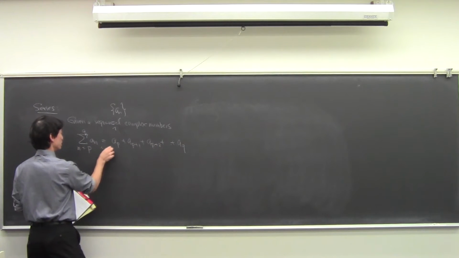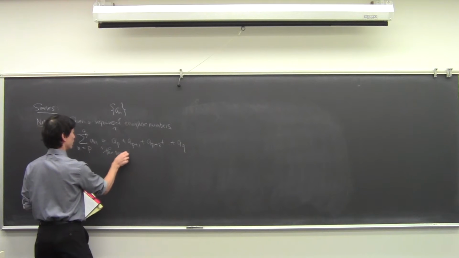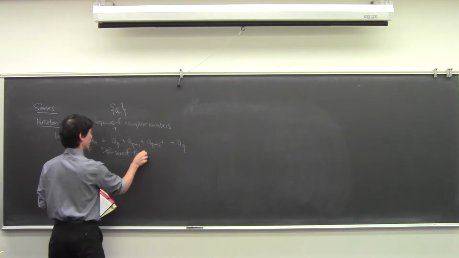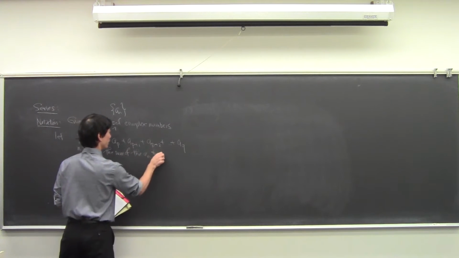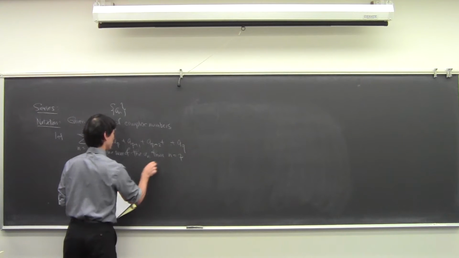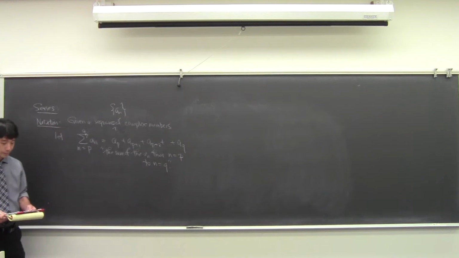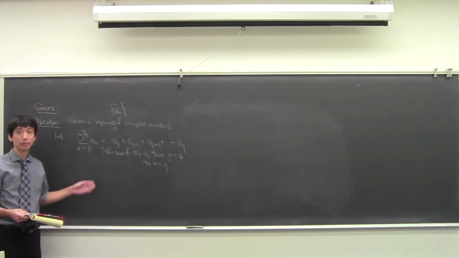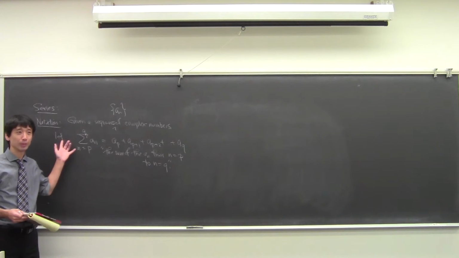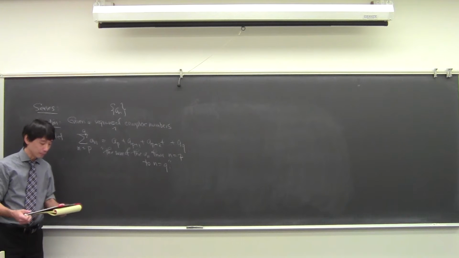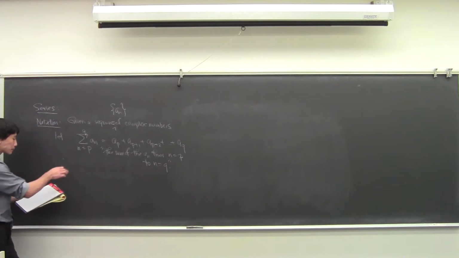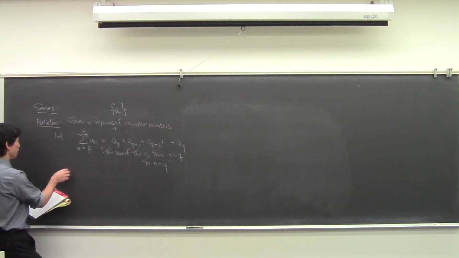So it's the sum of the a sub n from n equals p to n equals q. Most of you have seen this notation before.